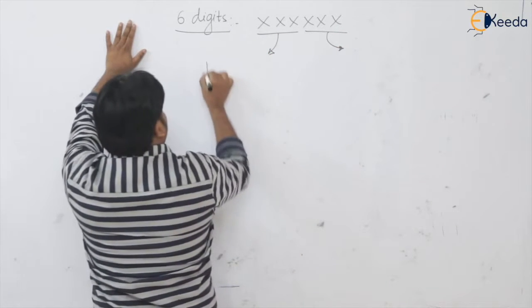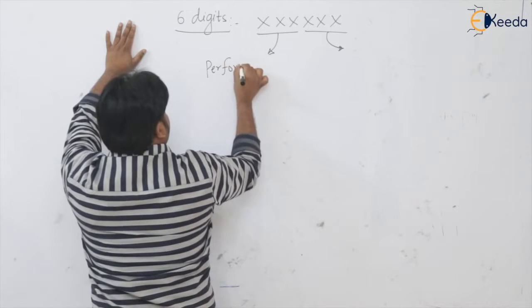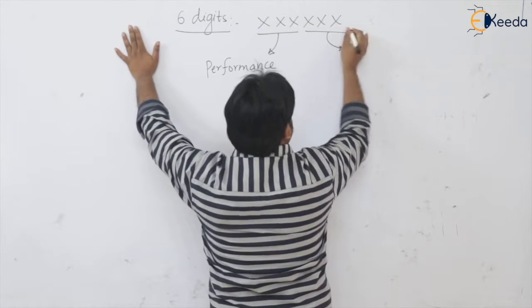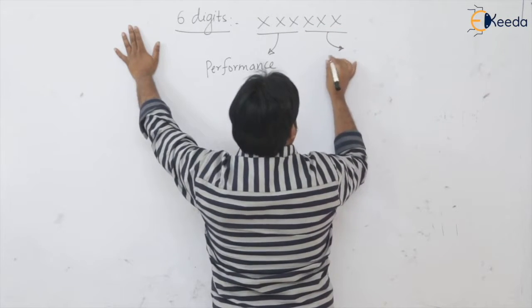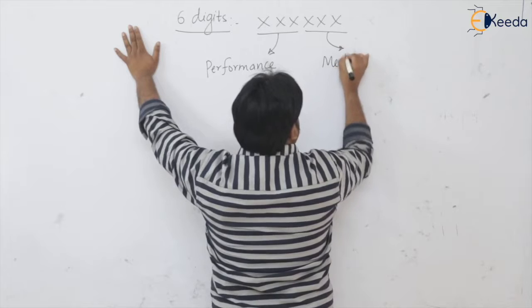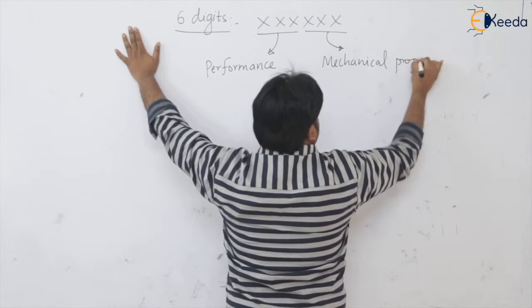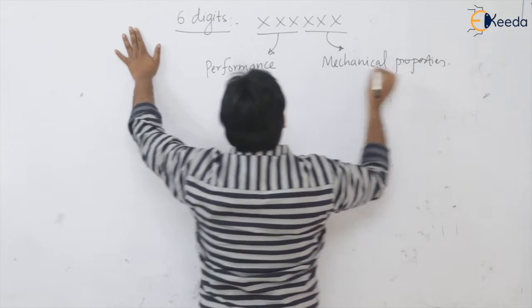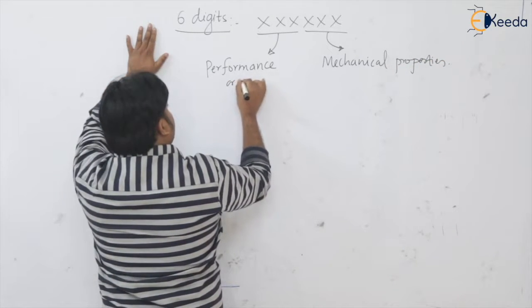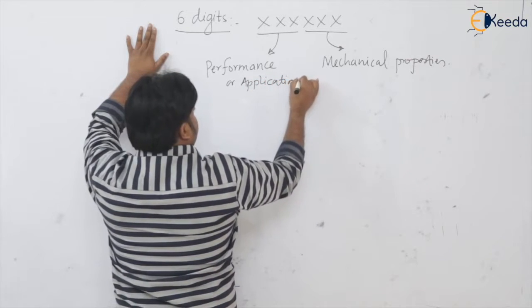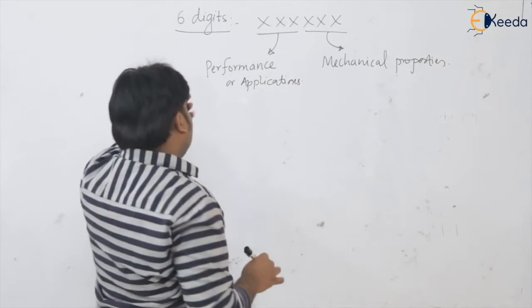They will indicate the performance or the applications, and the next 3 digits will give us the mechanical properties.